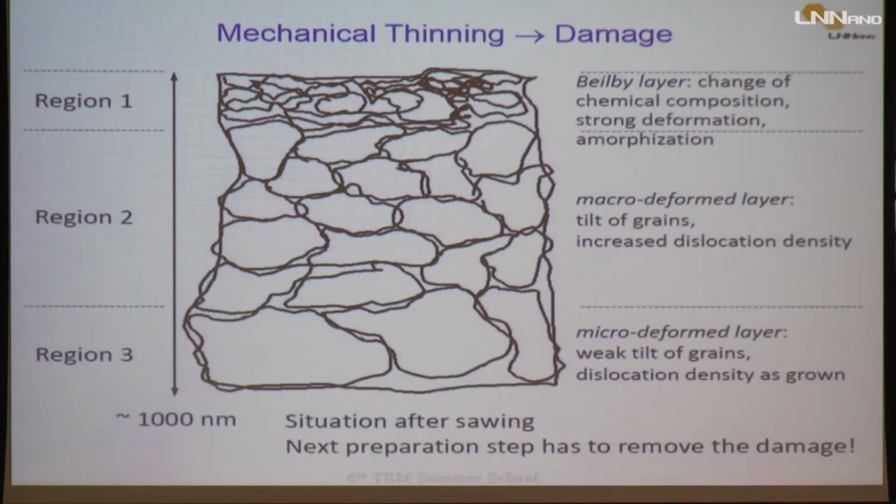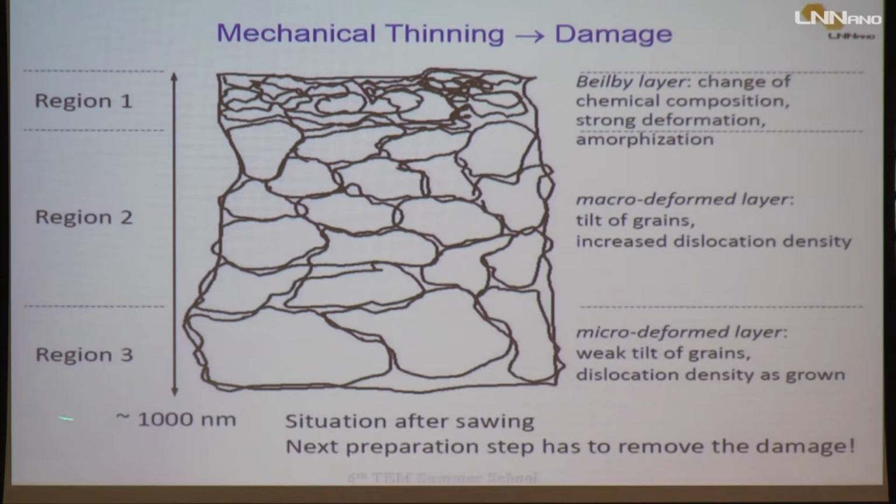In a second region here, you have a macro deformed layer. You have tilt of eventual grains that you have in your material, and a very sensible increase in the dislocation density of your materials.